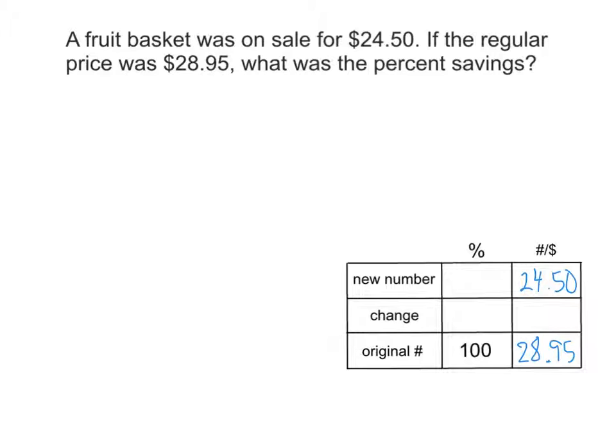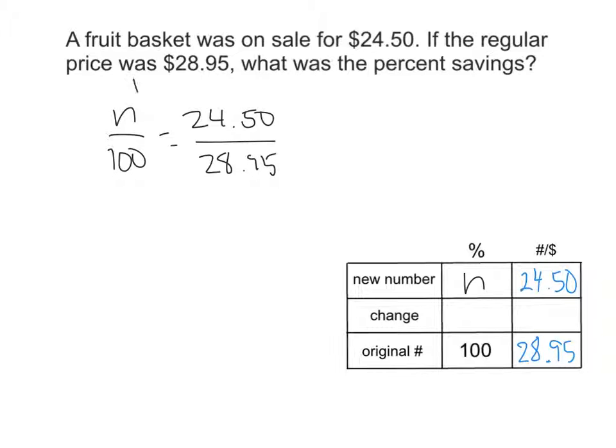This allows us to then do a proportion to find the new percent, or to find the change in percent. So we could do the subtraction on the dollar side, but that's pretty annoying because these are annoying numbers. So let's do this proportion: N over 100 equals 24.50 over 28.95.